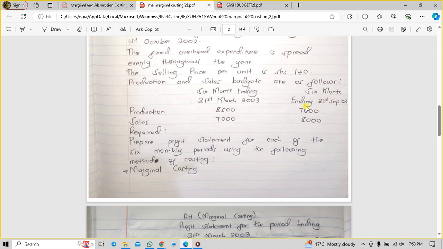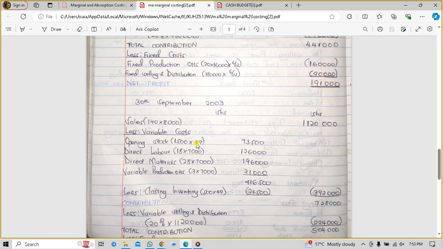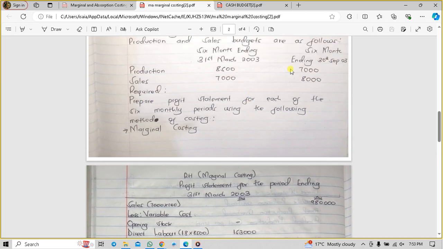So the closing stock for the first 6 months becomes the opening stock for the next 6 months. And then for the opening stock, we are still going to multiply by 49. Where are we getting this 49? It's the variable cost. Direct labor is 18 times 7,000. 7,000 is the production.